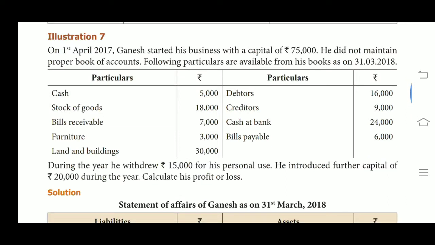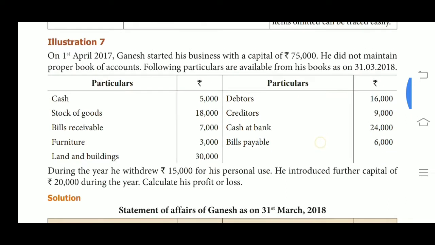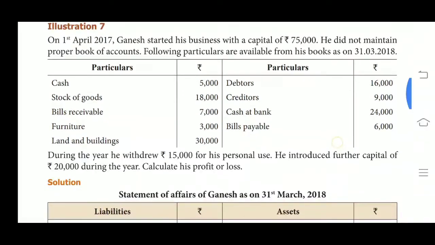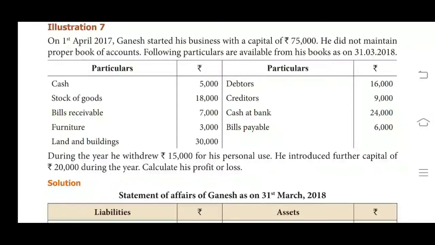Then coming to illustration 7. On 1st April 2017, Ganesh started his business with a capital of rupees 75,000. He did not maintain proper book of account. What is my proper book of account? This is an incomplete record. Following particulars are available from his book. So in this problem, balance sheet value is available.